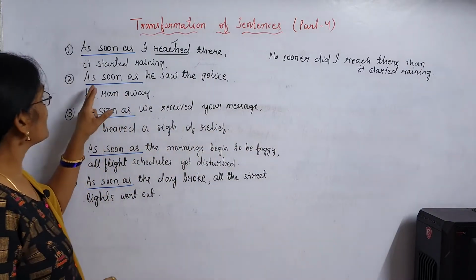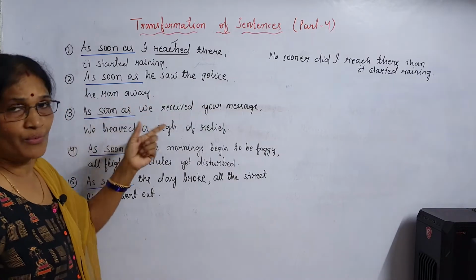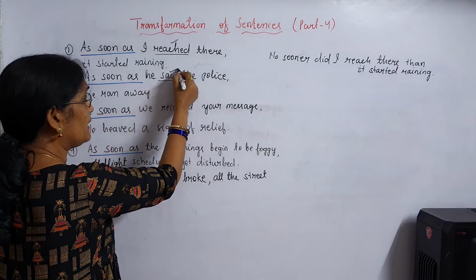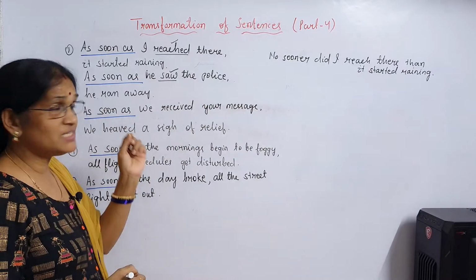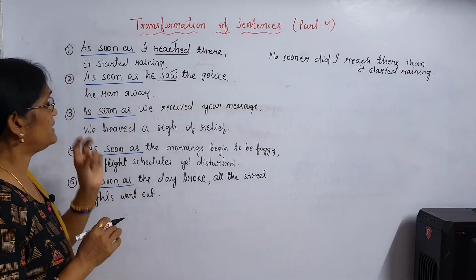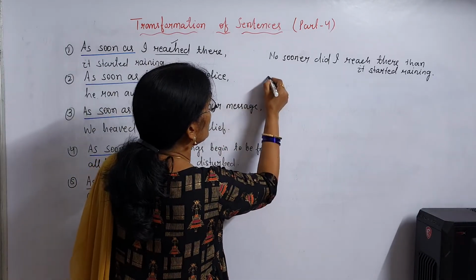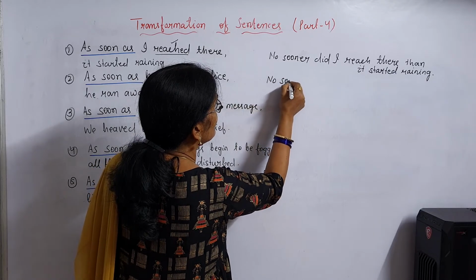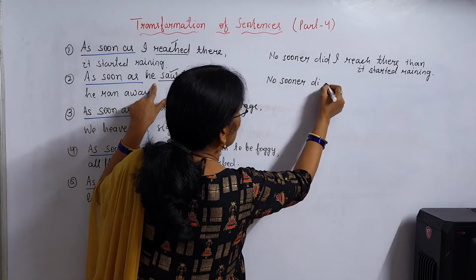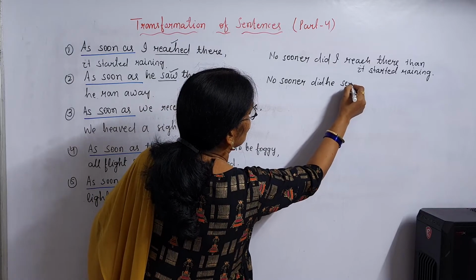Next sentence, as soon as he saw the police, he ran away. The same thing. What is the auxiliary verb here? This is the main verb, saw, the past form of the verb. See, saw, seen. So, did is hiding in it. Did is the auxiliary verb. As soon as here will be no sooner did he, then the subject.